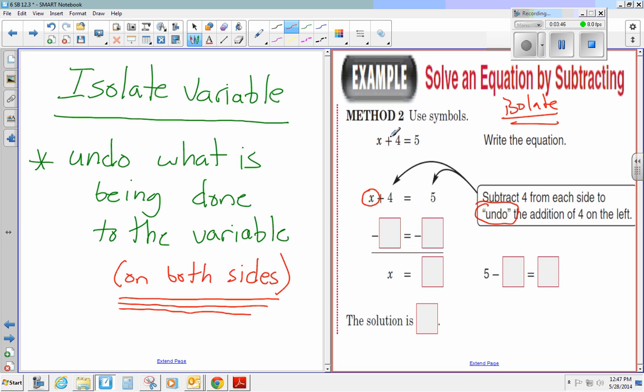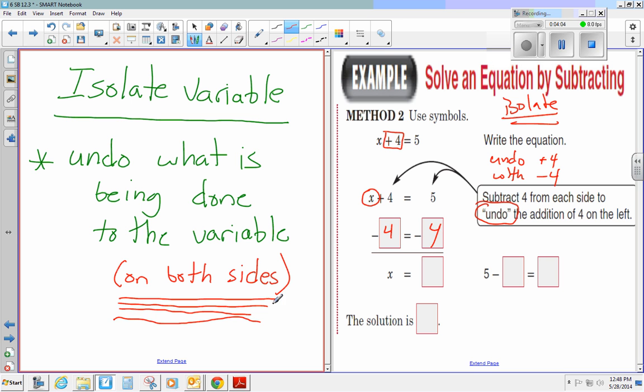Well, right here, we have a plus 4. Well, what undoes a plus 4? Minus 4. So 4 minus 4 on both sides. 5 minus 4 is 1. Therefore, the solution is 1.